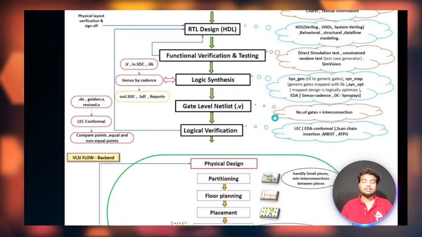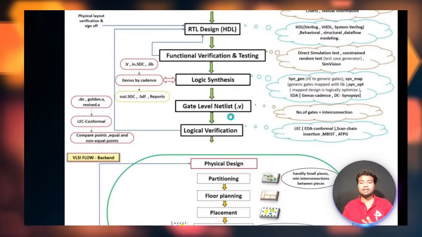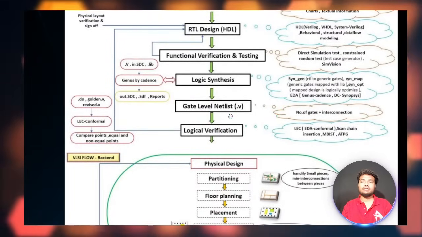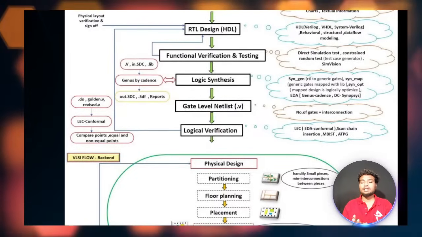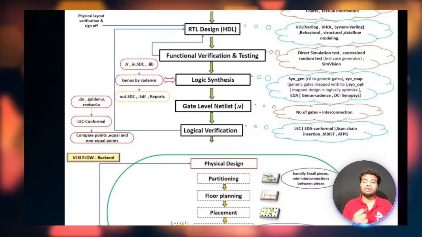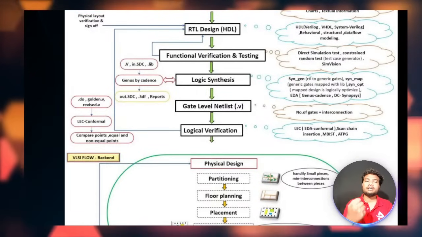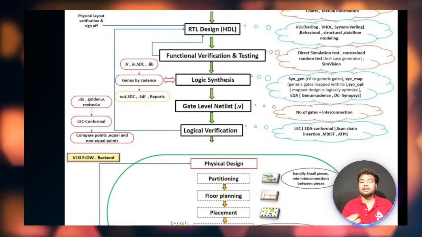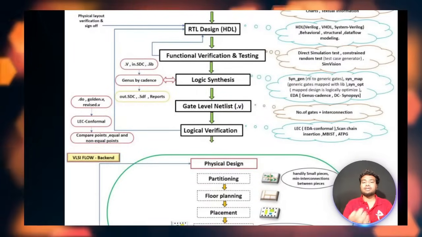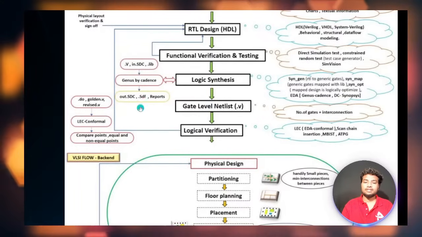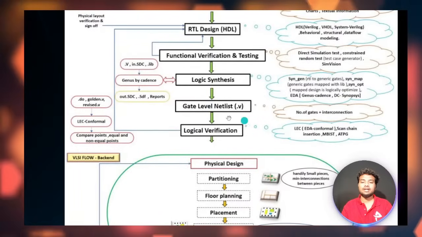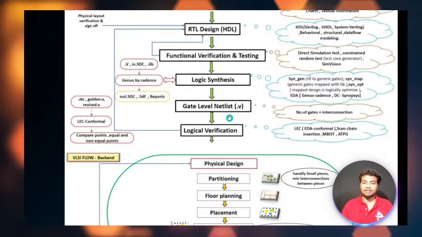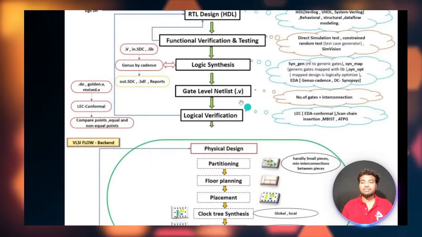So in the gate level netlist stage, they convert the Verilog code into gates, and they work out the number of gates and the number of interconnections. Interconnection is nothing but wire. Okay. This process comes under the stage of gate level netlist, and then logical verification.